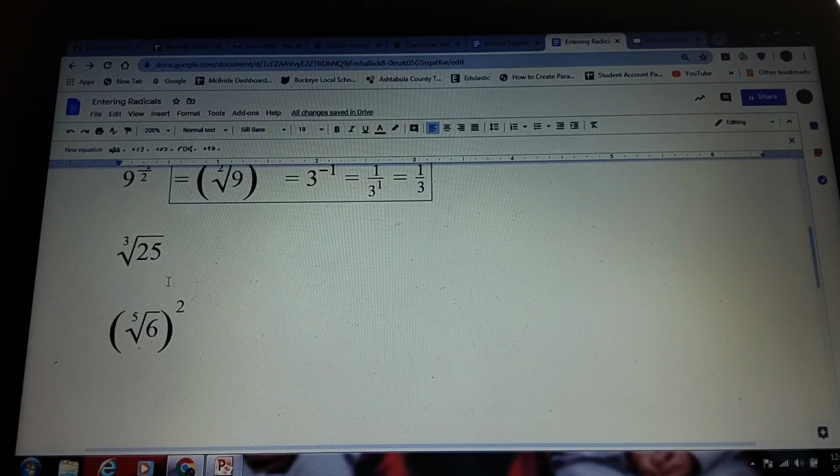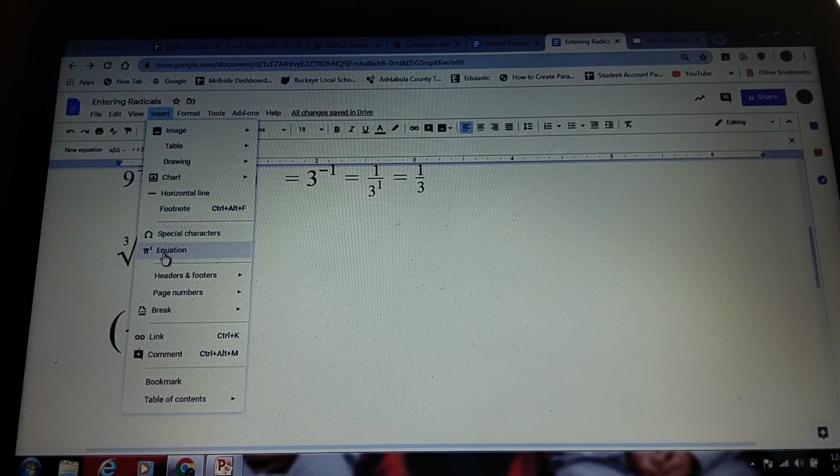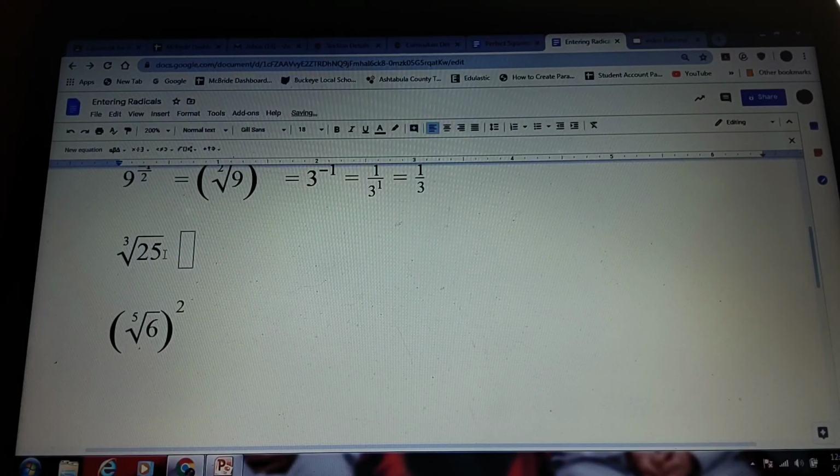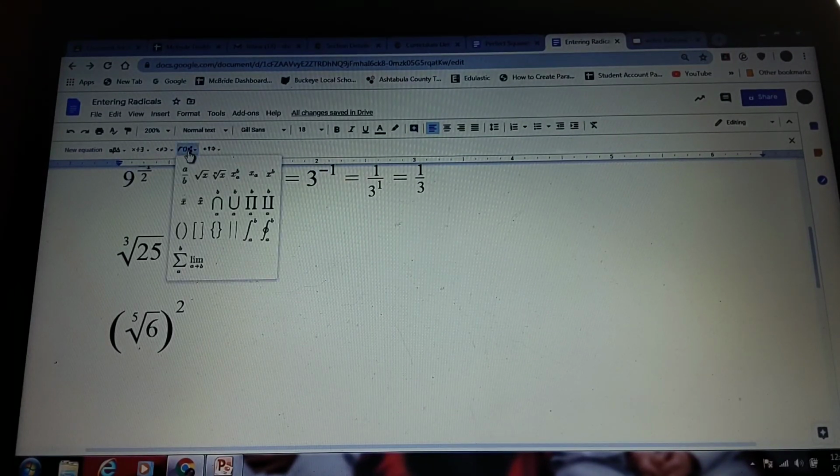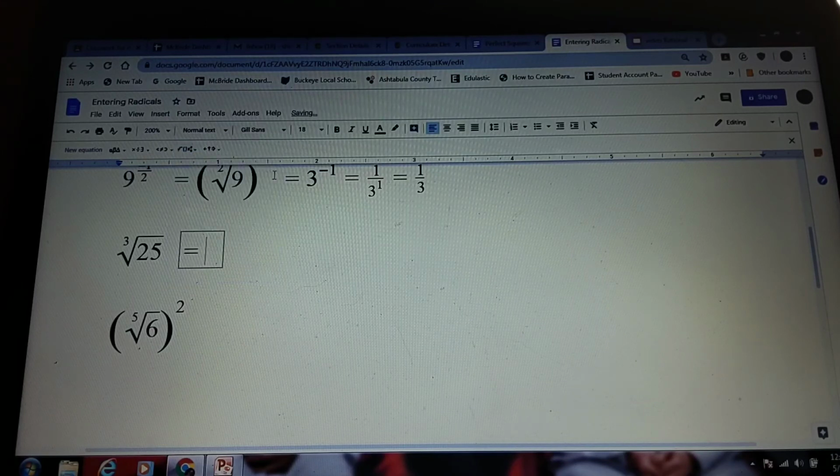Okay, now some of them you're going to have to know how to rewrite from a radical into the rational form. Okay, so you're going to start again next to the problem. Go up to Insert, hit Equation. Now, and hit equals. Now this is going to turn into a base and a power. So go up to your math toolbar, hit your X to the B, put in your base, which in this case is 25, right arrow over, so our cursor is up.